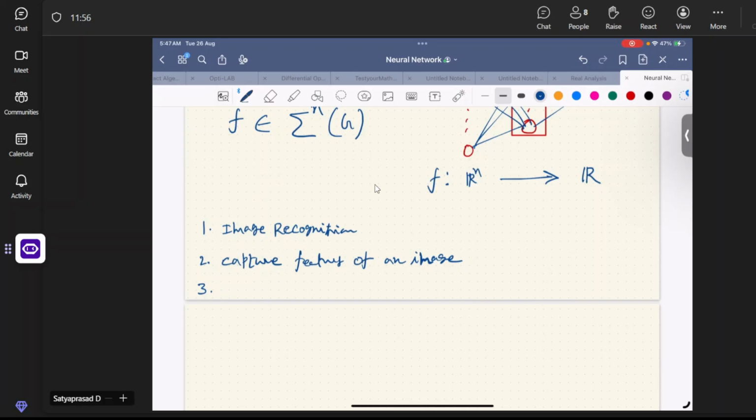You can say a lot of things it will do: speech recognition. These are all special cases: image, speech, or text. A lot of these come under one thing, and I just want simpler cases.